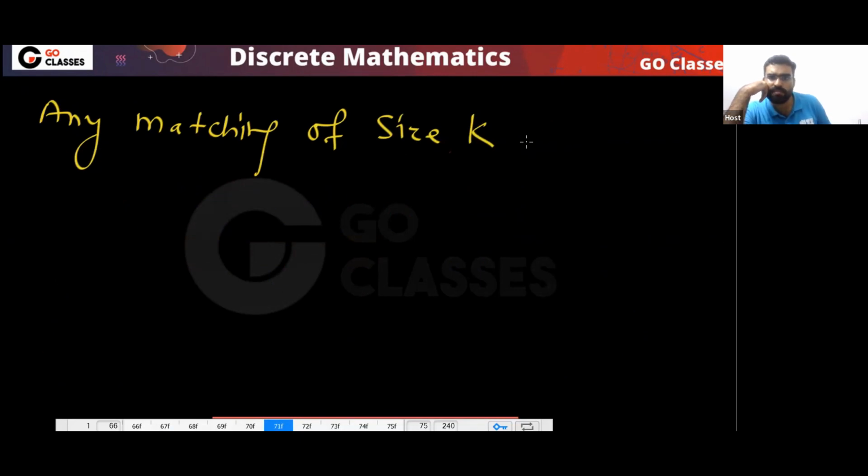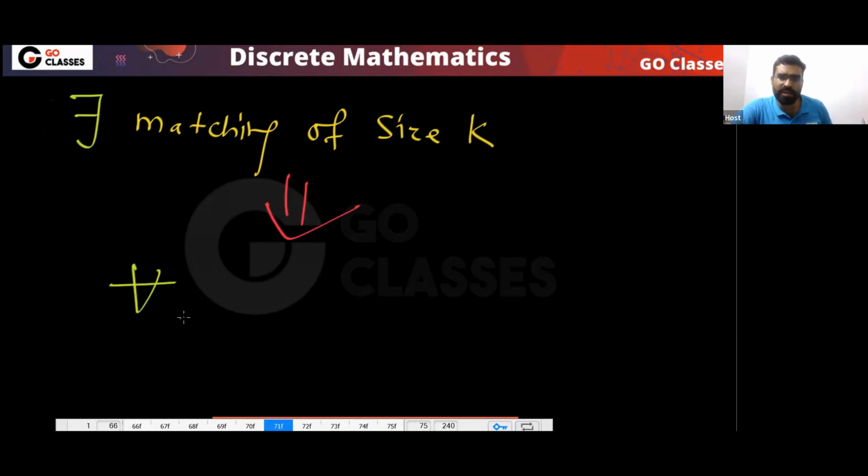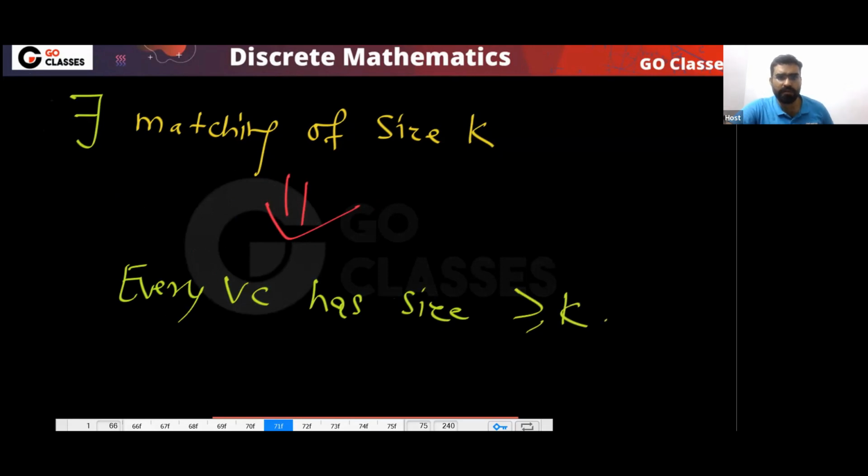It means every vertex cover must have size greater than or equal to K. Okay, so this is the idea.